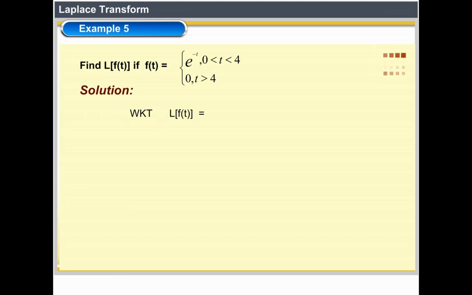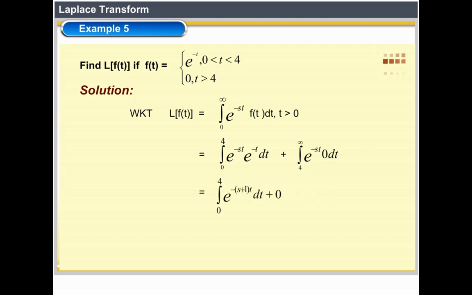Solution: we know that L of f of t equals integral 0 to infinity e power minus st into f of t into dt, where t is greater than 0, which equals integral 0 to 4 e power minus st into e power minus t into dt plus integral 4 to infinity e power minus st into 0 into dt, which equals integral 0 to 4 e power minus of s plus 1 into t into dt plus 0.